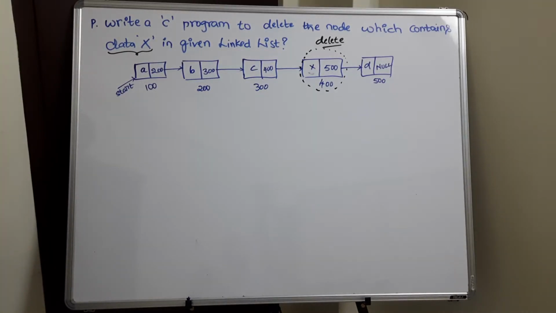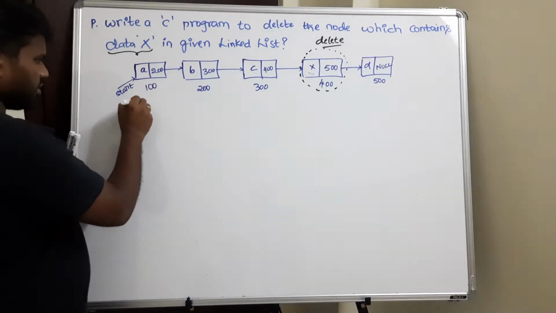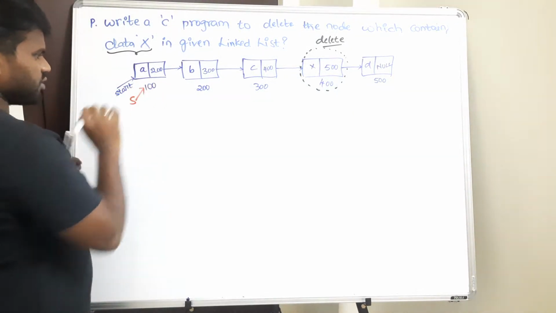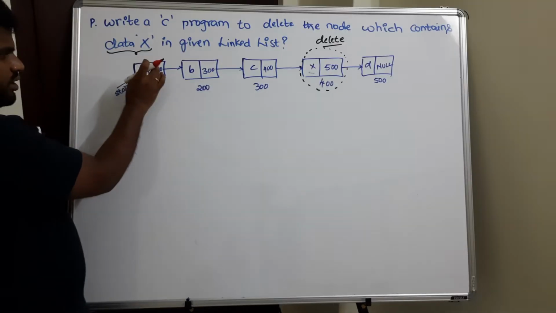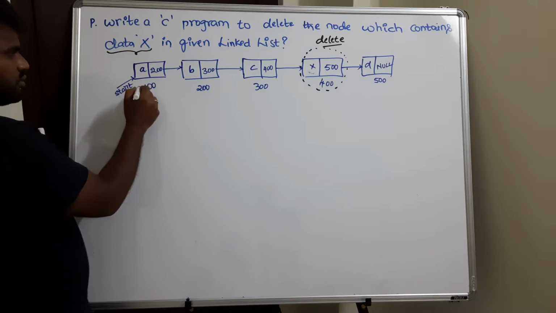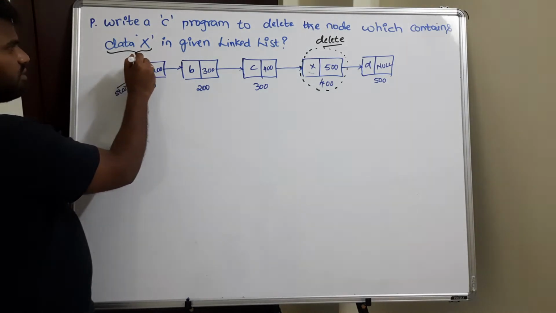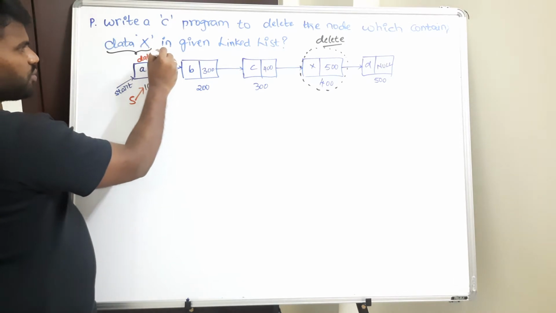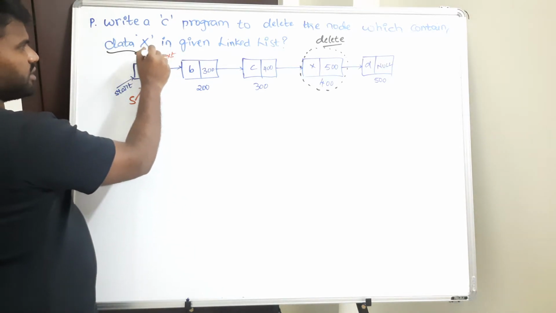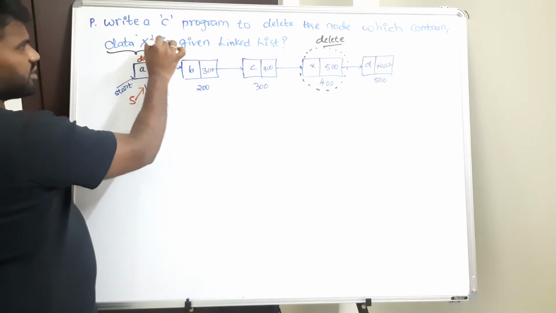First of all, if we take some variable s, s is pointing here, and we'll check it here. Every node has data and next pointers. This is the node which contains the address 100.